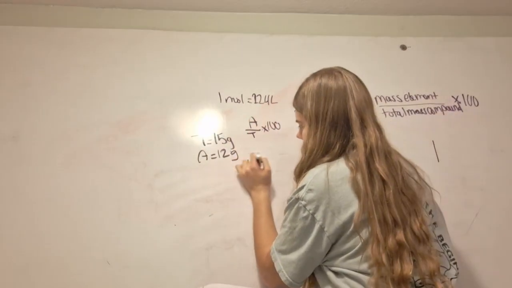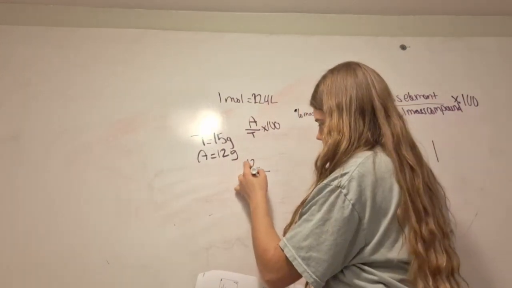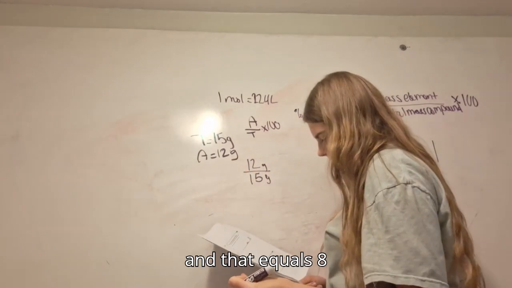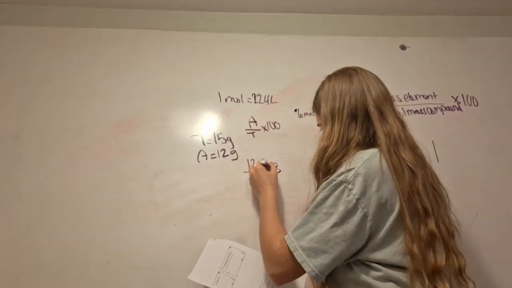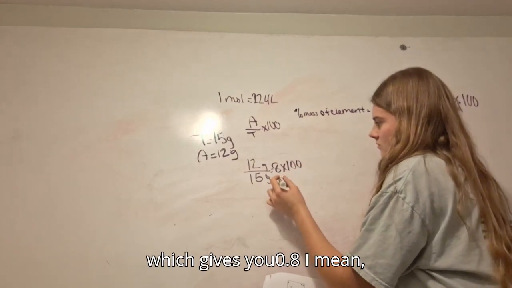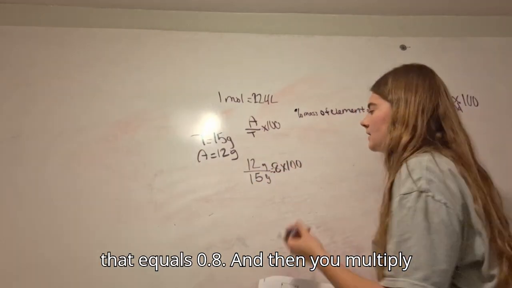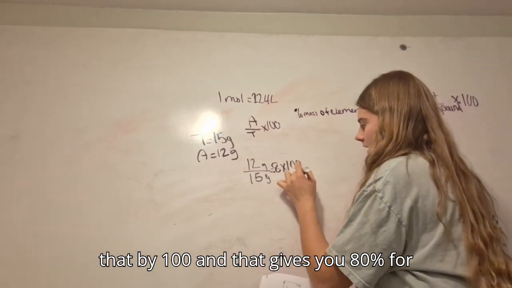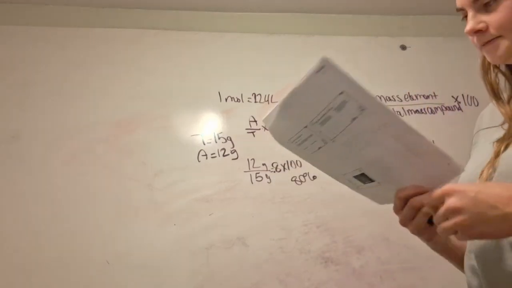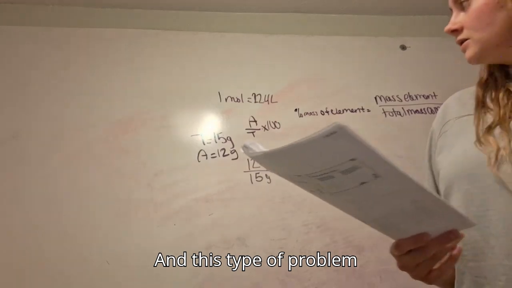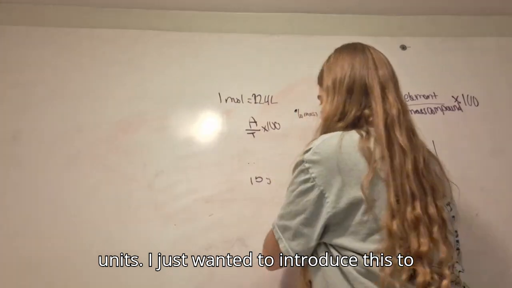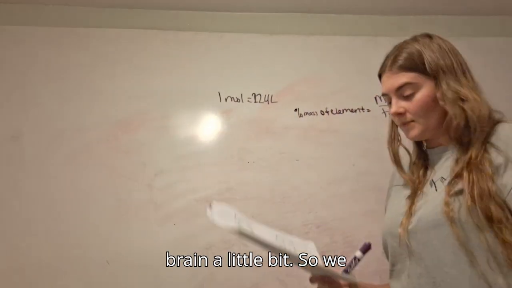So 12 divided by 15 equals 0.8. And then you multiply that by 100, and that gives you 80% for the percent yield. This type of problem will become more relevant in the coming units. I just wanted to introduce this to you guys so it was floating around your brain a little bit.